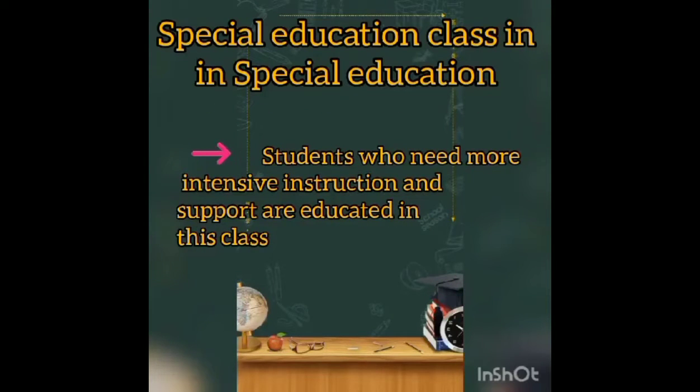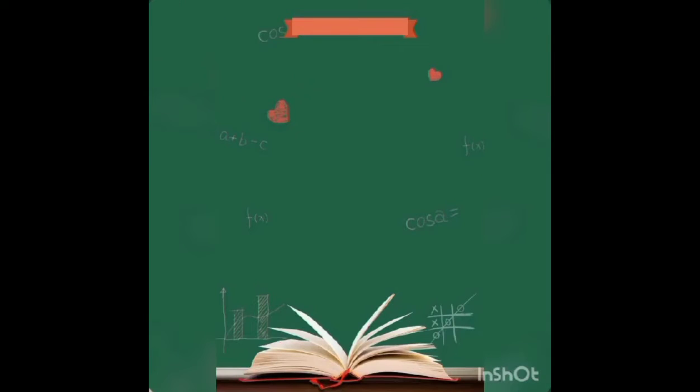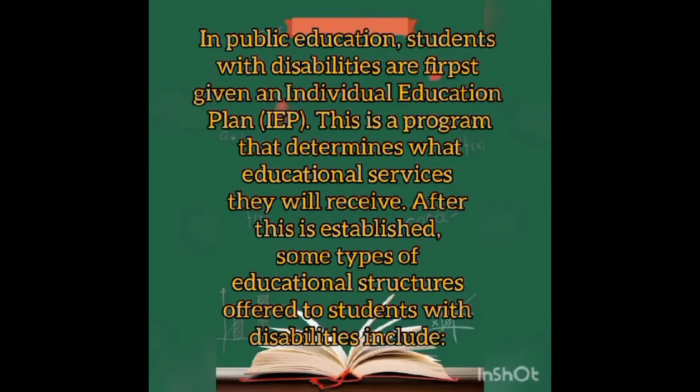Students who need more intensive instruction and support are educated in this class. In public education, students with disabilities are first given an Individual Education Plan (IEP). This is a program that determines what educational services they will receive.